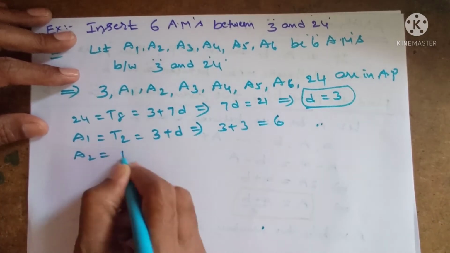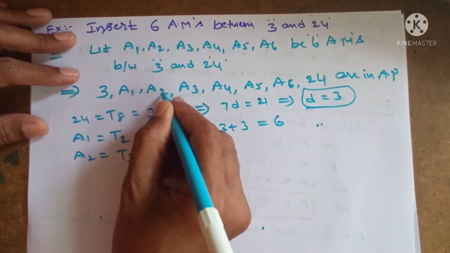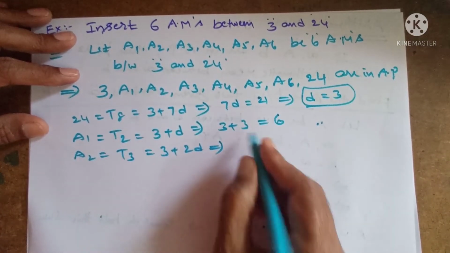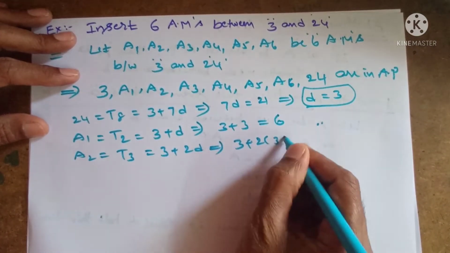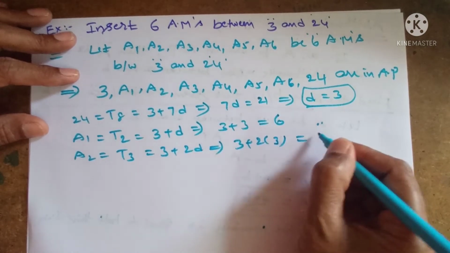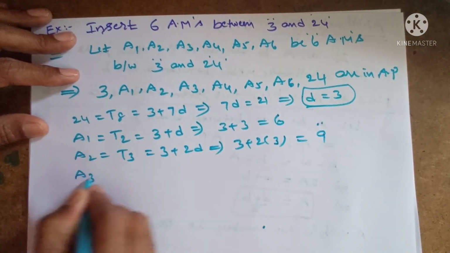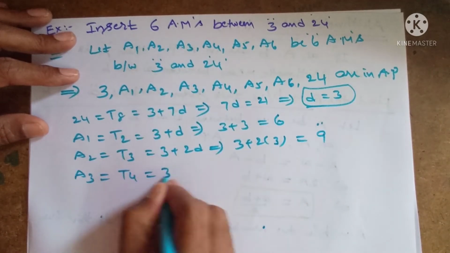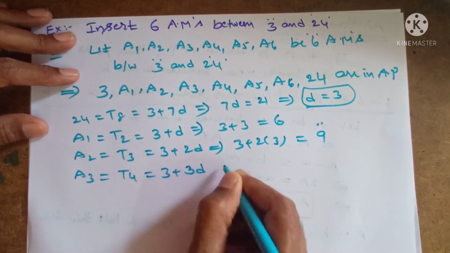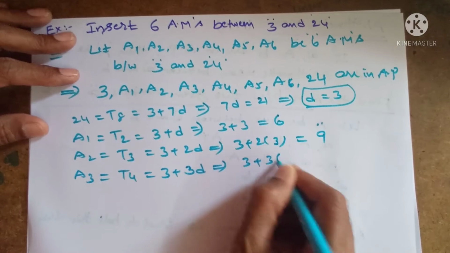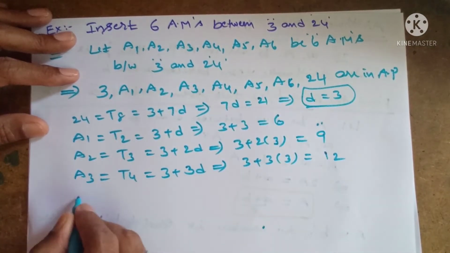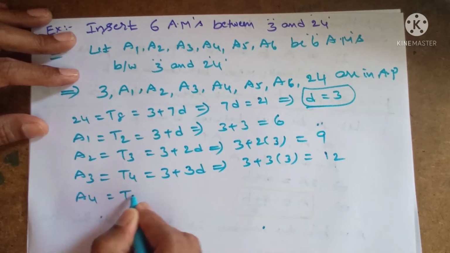Now A2 means the third term, T3 is equal to 3 plus 2d, 3 plus 2 into 3, 6 plus 3, this is 9. A3 is equal to T4, fourth term, 3 plus 3d, that implies 3 plus 3 into 3, 9 plus 3, 12.